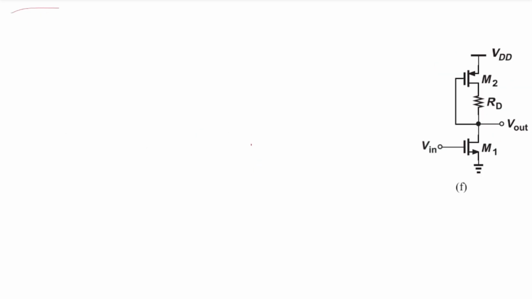For stage F, RD may be a bit confusing. When we calculate the output impedance, we will draw the pi model of just this stage to make it clear. GM is just GM1. For the output, we draw the pi model as we said.